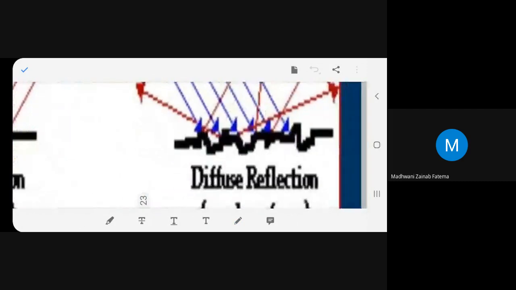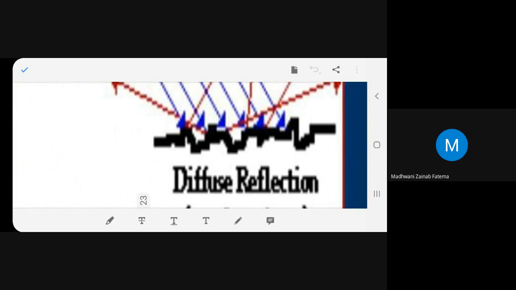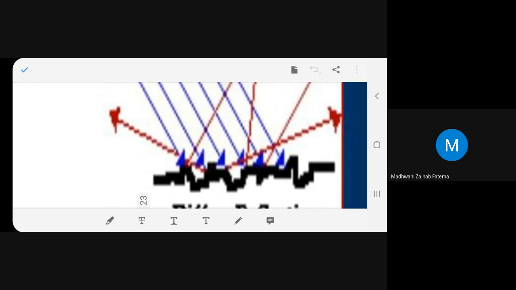Whereas in this case, who can explain this better? It is irregular. One ray comes here, goes there.